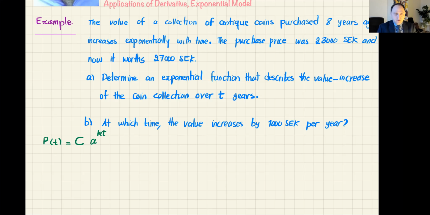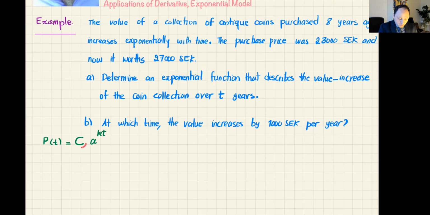So this is when you say a function follows an exponential model. In general, this is the meaning that you need to understand. It means that the function describing this model has this form in which c is a constant, k is a constant, and a is also a constant, which should be positive and not equal to 1.